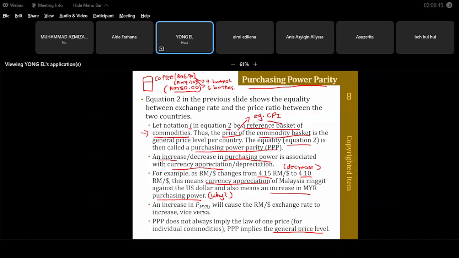But the law of one price applies to individual commodities, while PPP is based on a commodity basket. So we have the general price level. For the law of one price, we look at the specific price of individual commodities.